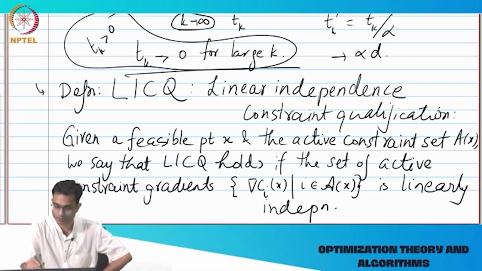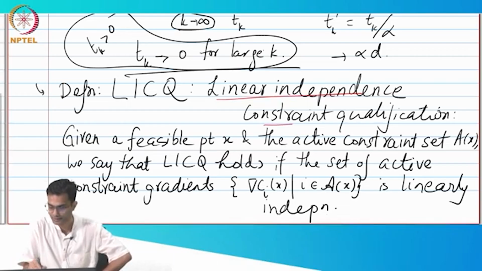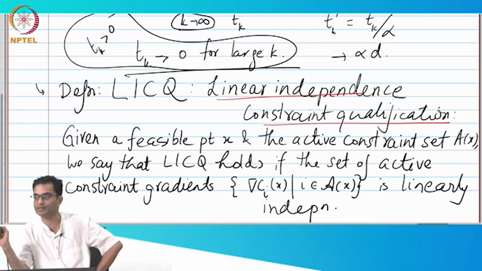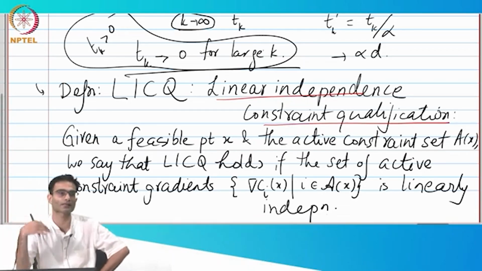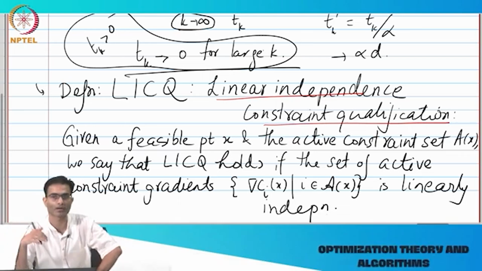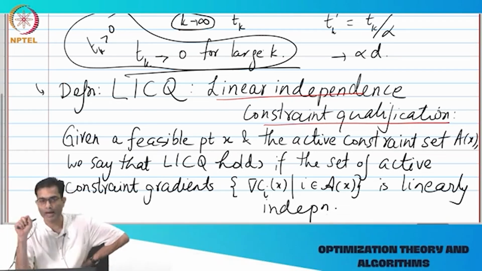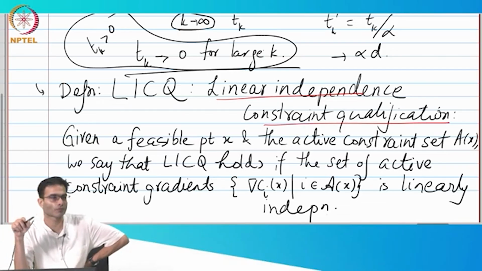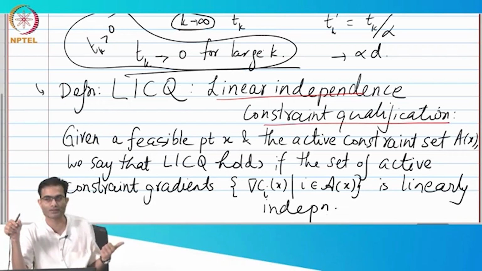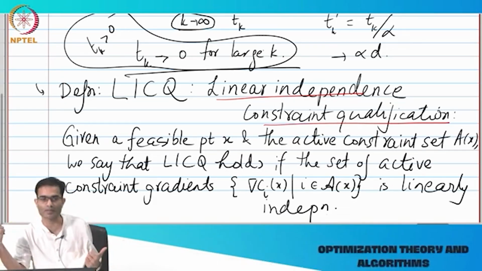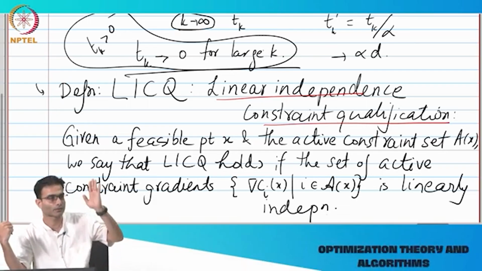So we'll just go step by step. LICQ simply is linear independence constraint qualification. When do I say that LICQ holds? It's a yes no question. At a point x where I am, I look at grad Ci for all the constraints which are active. Equalities are always active. Some inequalities may be active. I look at the gradients.